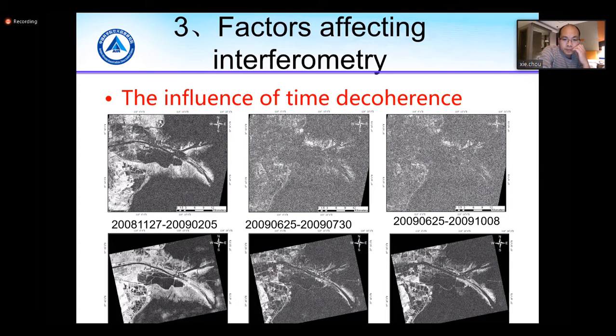We could get the conclusion that long wavelengths can in SAR data sustain high coherence over a very long temporal interval.